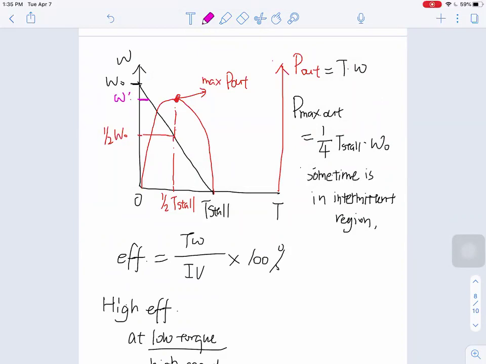So the maximum speed of your motor is going to be lower than the ideal no load speed, because of the friction you need to overcome. You lose some of the maximum speed due to friction. And that corresponding point is the torque you need to overcome friction.